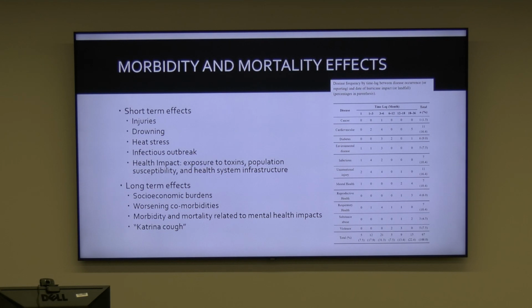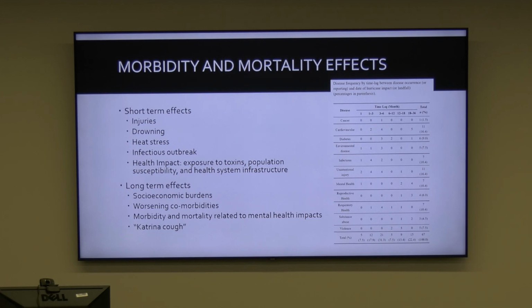So, like what we talked about, in the 1 to 3 months to even up to 6 months, things like injuries are very important, but you can also have cardiovascular effects, respiratory effects, and infectious effects as well.